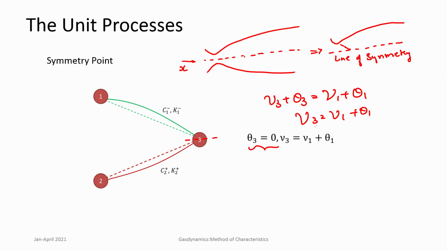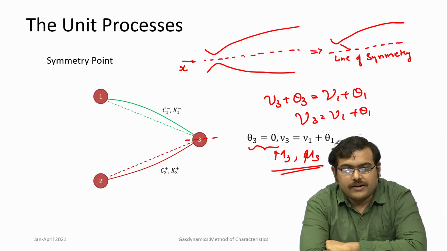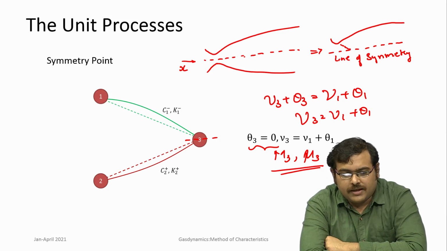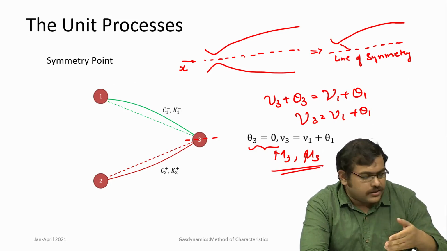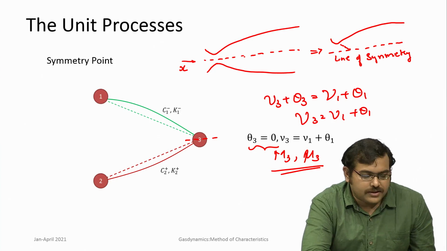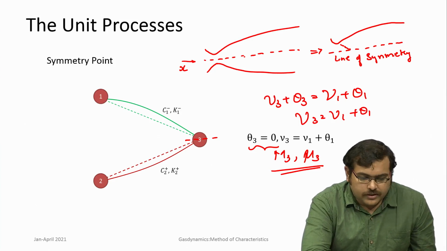Now you have the solution for nu 3, you also know theta 3, and from here you can get M3 and you get mu 3 also. Okay. So, at a symmetry point you can appropriately apply a symmetry boundary condition. You have to look at the particular problem. In this case we found that the symmetry was along the x axis, and correspondingly we took theta equal to 0 at the x axis. Okay.